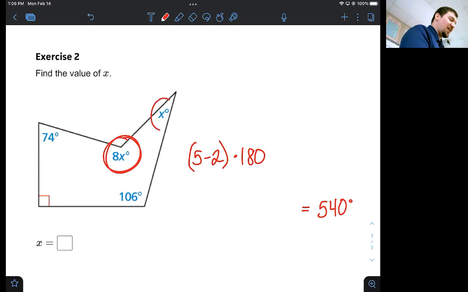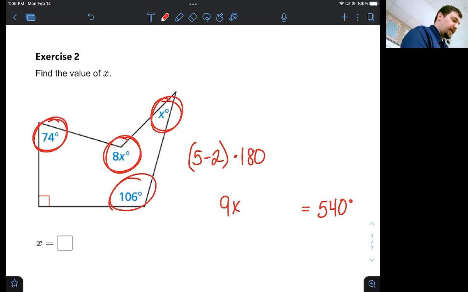Dawson, if we add 8x and x together, what's that give us? Okay, so combining our like terms. And then Dawson, 74 and 106. 270? 106 plus 74? What is it? 180, okay.